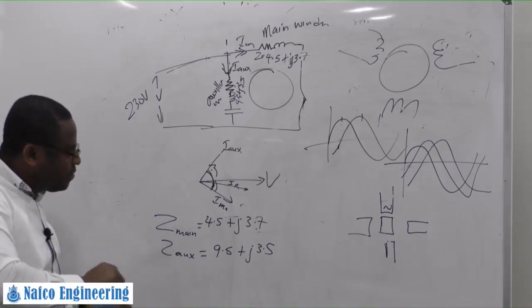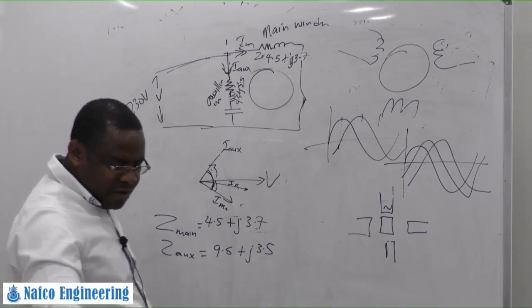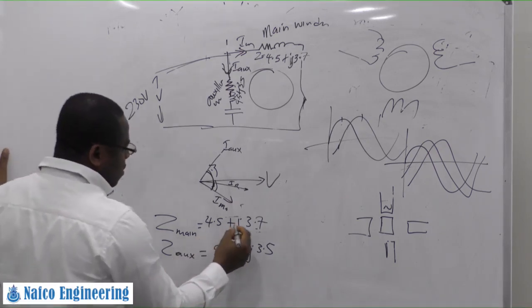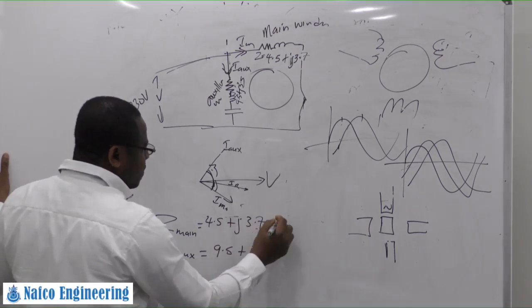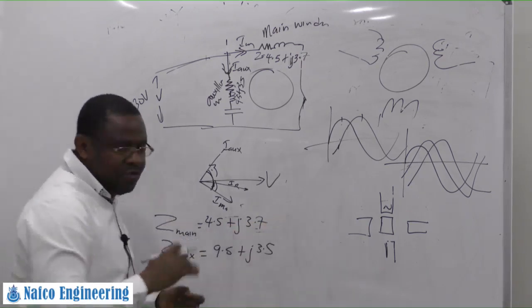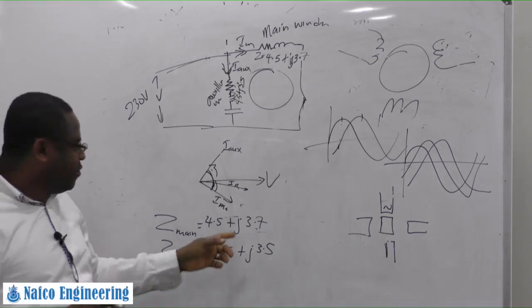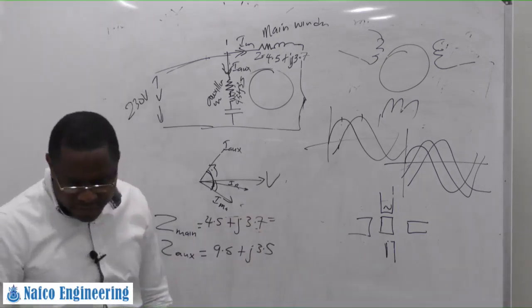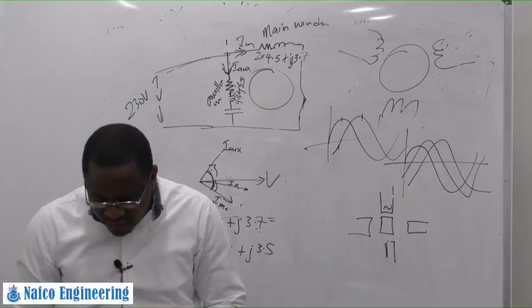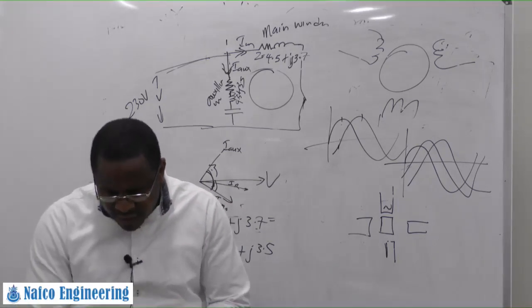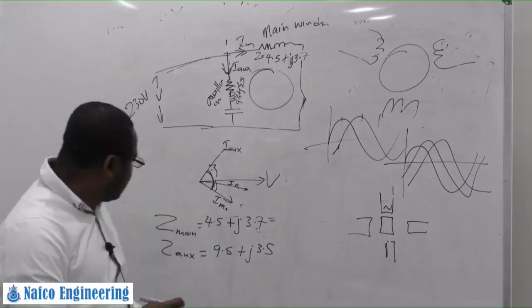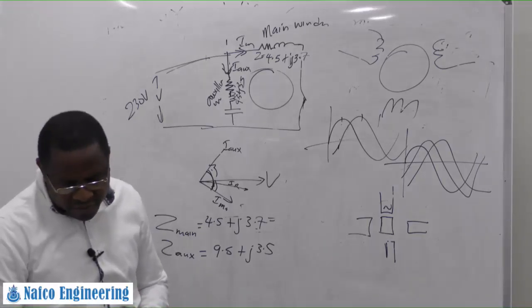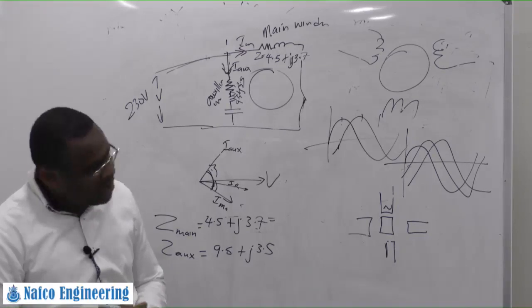So remember that, if you use your calculator, let's put this in impedance form. Z main. Is it 3.5 or 3.7?